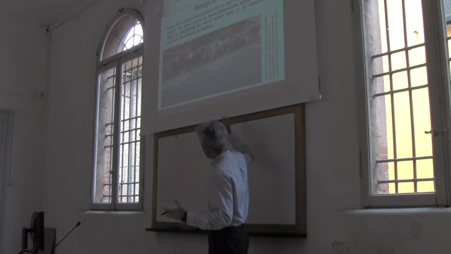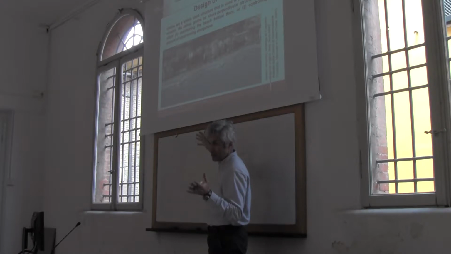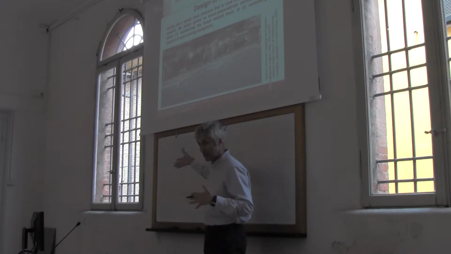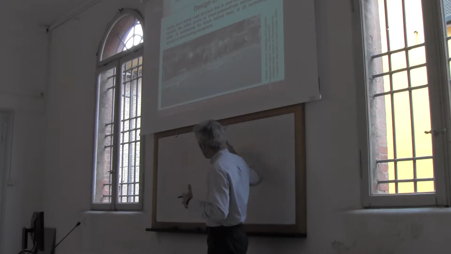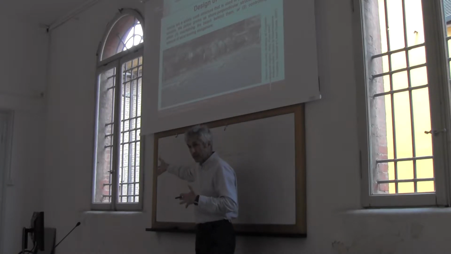When we intervene with a defense structure, typically we have erosion due to along-shore sediment transport. So basically the energy of waves takes the sediments and brings them somewhere else.